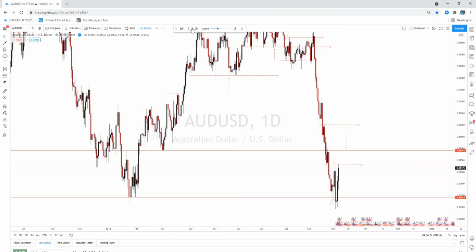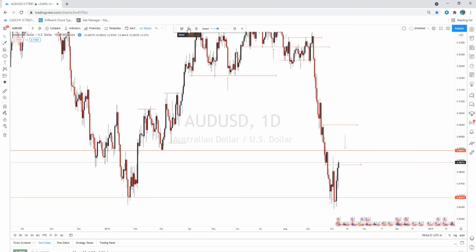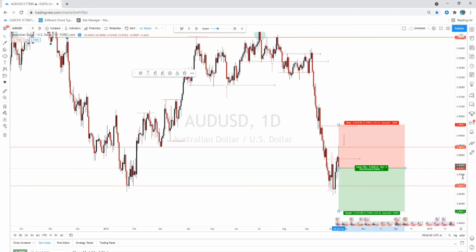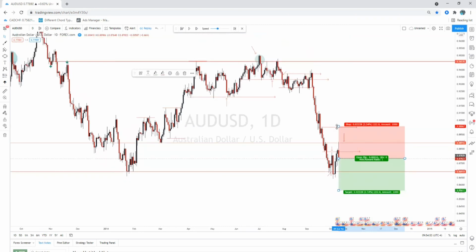Retesting that level. Okay, so now we retested my discount price and we've broken below this with a strong bearish candlestick. So maybe our limit order would have been triggered. Then who knows?